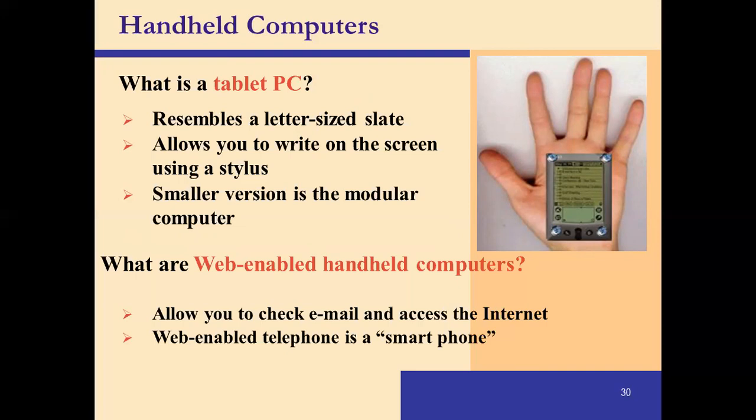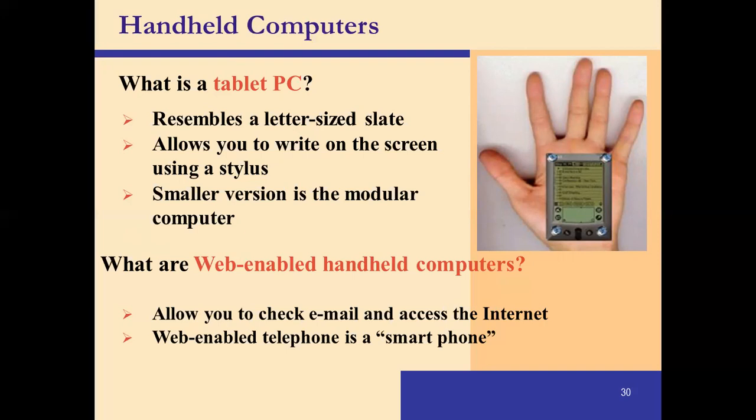What are web enabled handheld computers? Basically, smartphones are web enabled telephones. These are the advanced version of handheld computers. Your mobile phones, your smartphones, are basically the next generation of handheld computers.